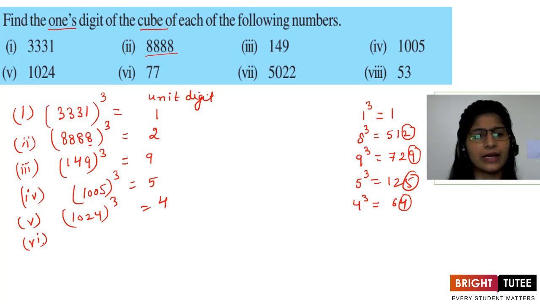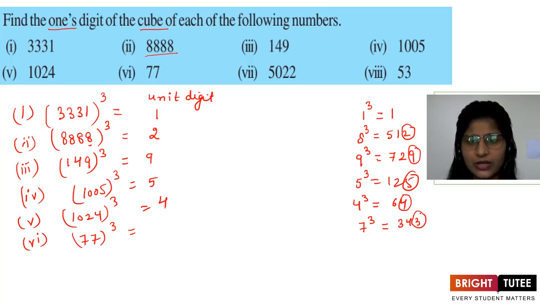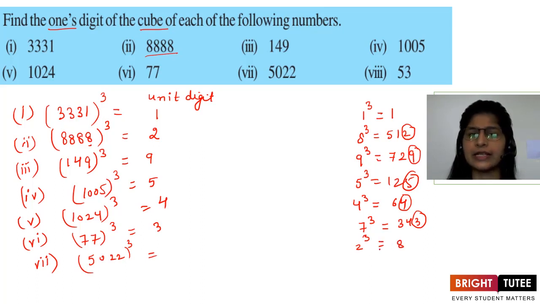Now the sixth part, we are given 77. If you do the cube of 7, 7 cube is 343. Right? So what is the unit digit here? 3. So we'll write 3 here. Next, the seventh part, 5022. If you do the cube of it, what is the cube of 2? You all know it is 8. So we'll write the unit digit as 8. Now the last part, what is the number that is given? 53.